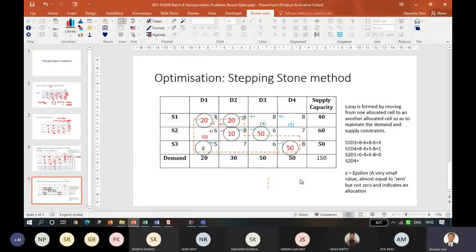हमेशा जरूरी नहीं कि चार ही corners हो. Okay. In this particular case, we have got 1, 2, 3, 4, 5, 6 corners. Correct? But the loop formation will always take place from one allocated cell to another allocated cell and so on. Okay.